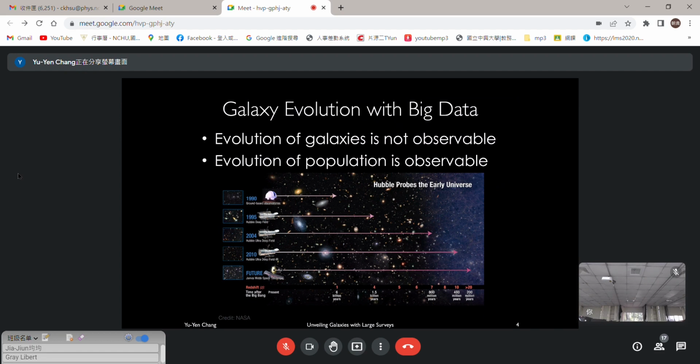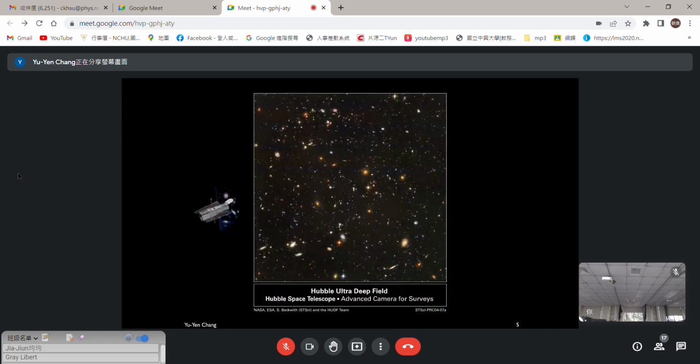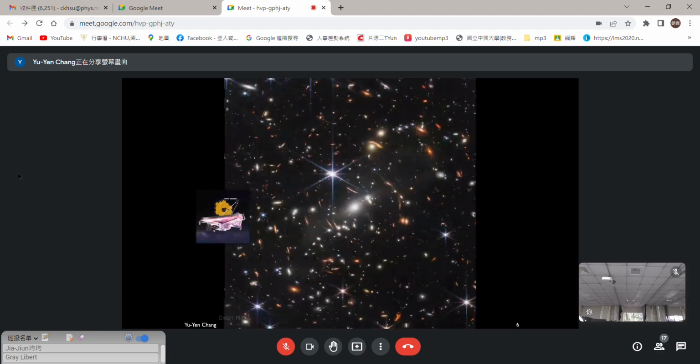So this is a deepest image from Hubble, the Hubble Ultra Deep Field. There are tens of thousands of galaxies in this deep field. And this year, in astronomy, we start to have the James Webb Space Telescope, JWST, so we are able to look into deeper skies.